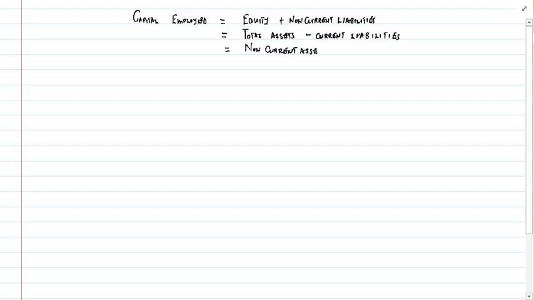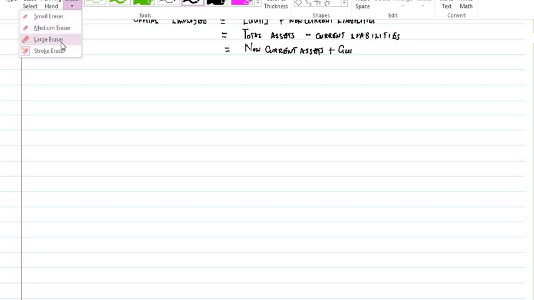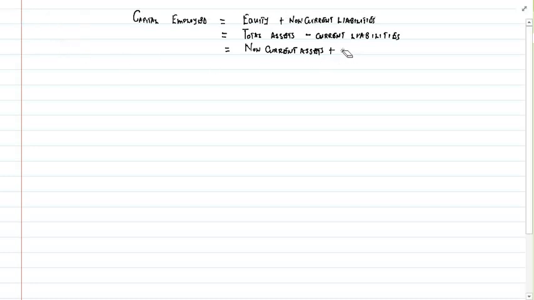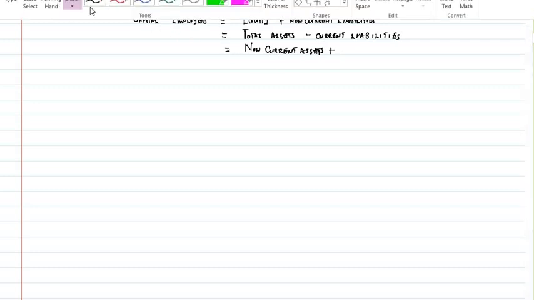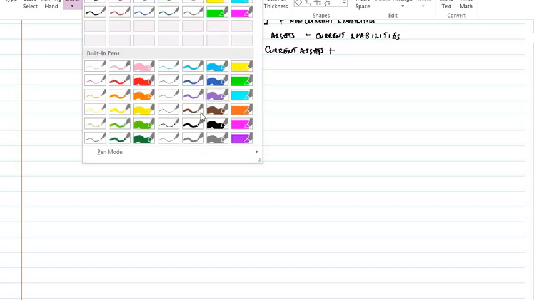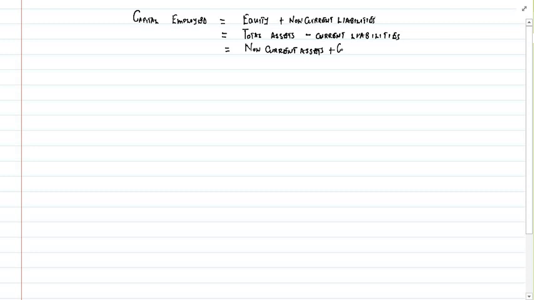Non-current assets or else fixed assets plus current assets minus current liabilities, right?